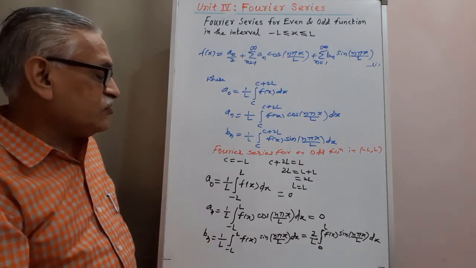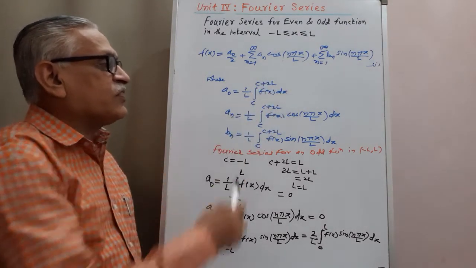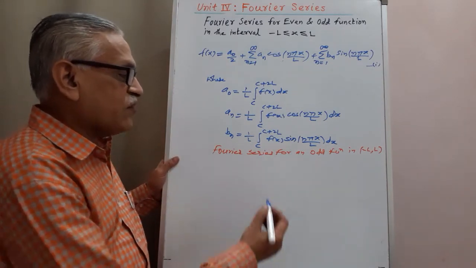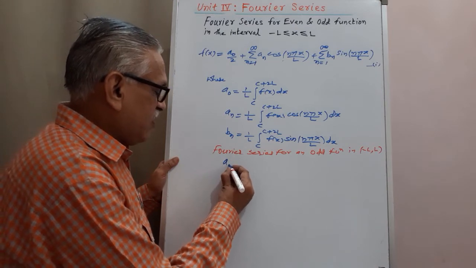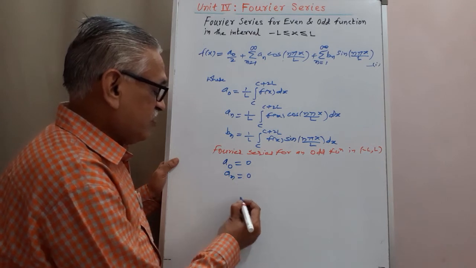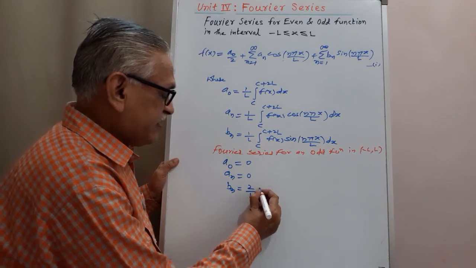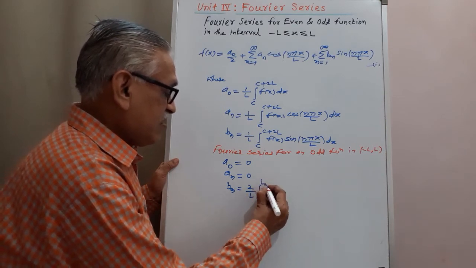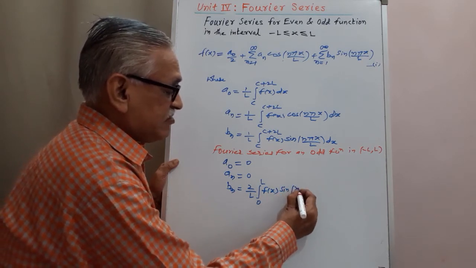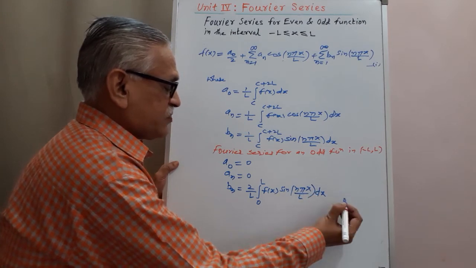Therefore, these are the values of A0, An, Bn, and if we put those values here in equation 1, the Fourier series becomes... Therefore, when the function is an odd function, we have A0 is equal to 0, An is equal to 0, and Bn is given by 2 by L integration from 0 to L, f of x sin n pi x by L, and its integration with respect to x.